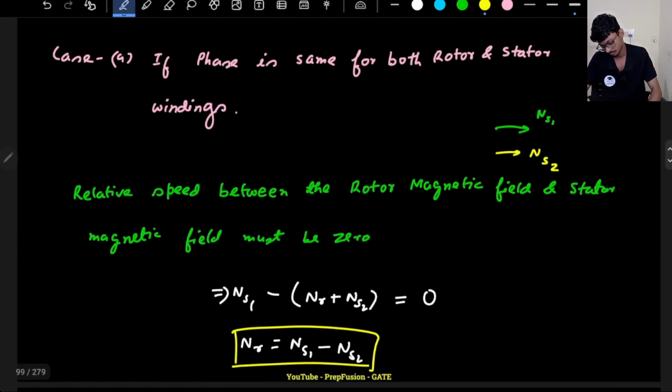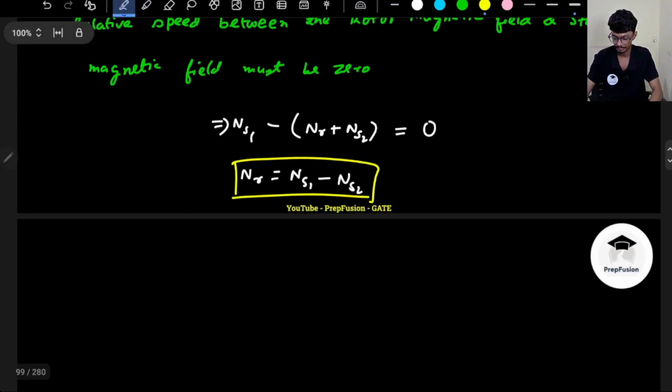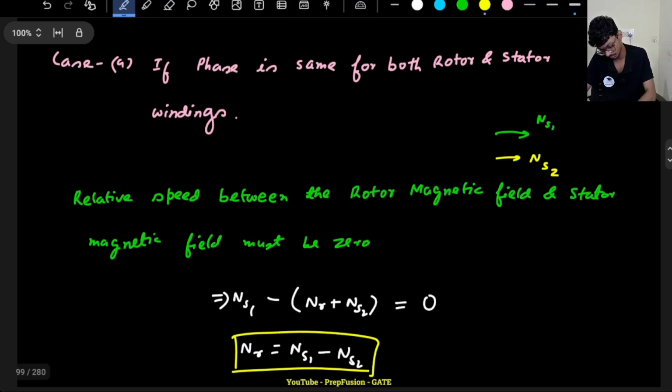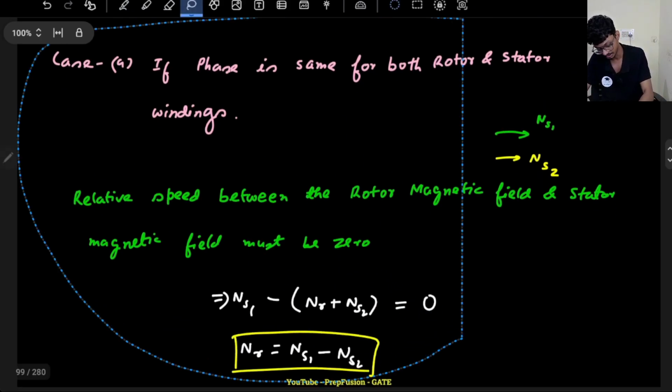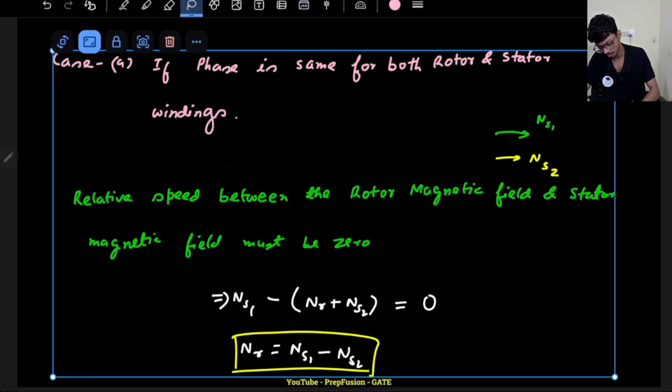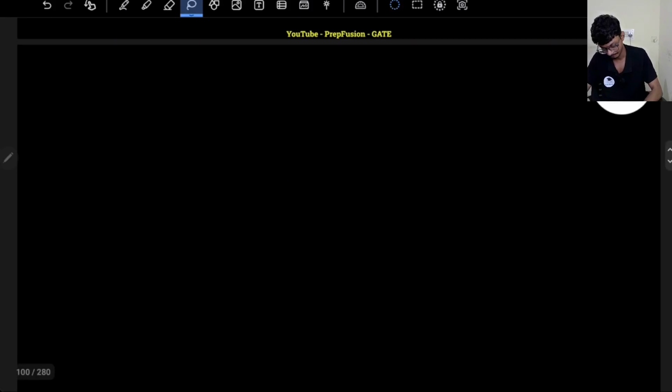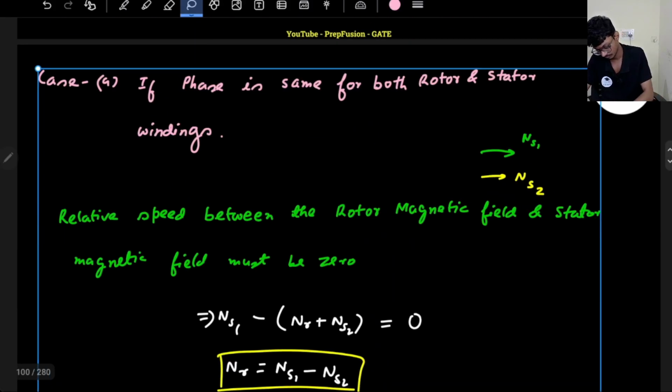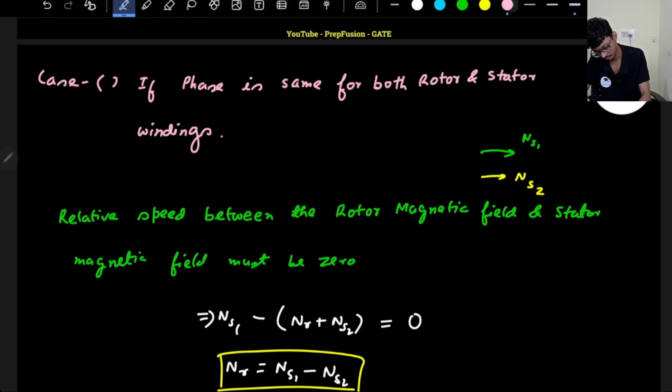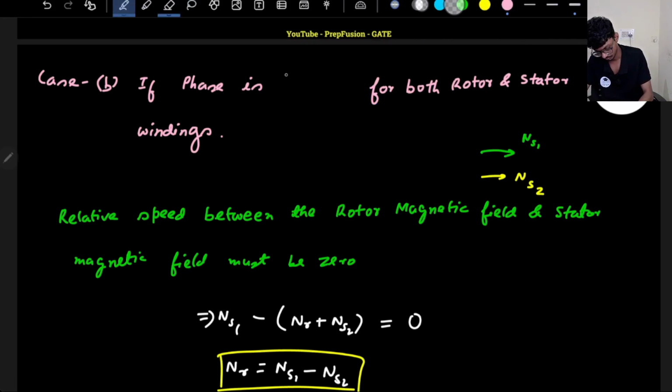Now in case 2, what will happen if the phase sequence is opposite?